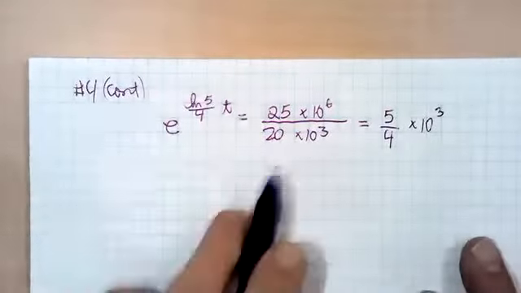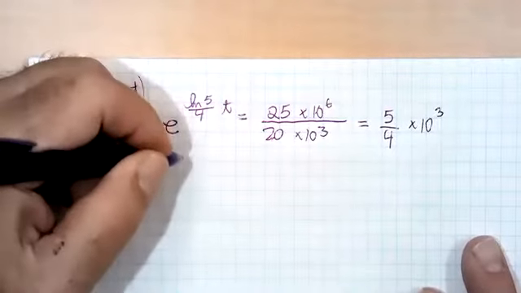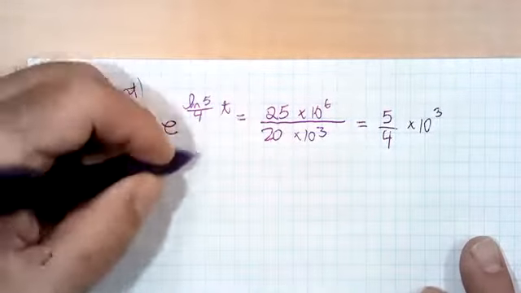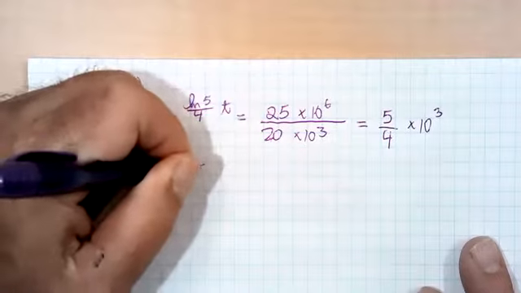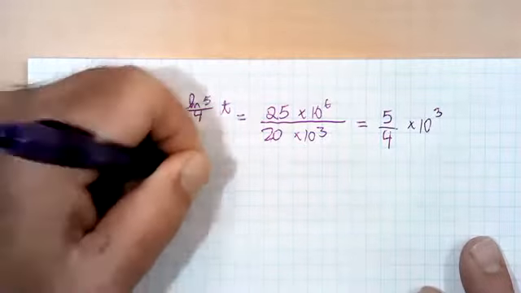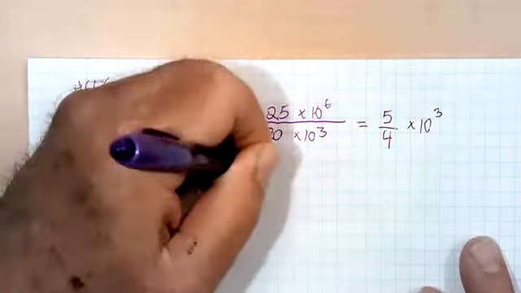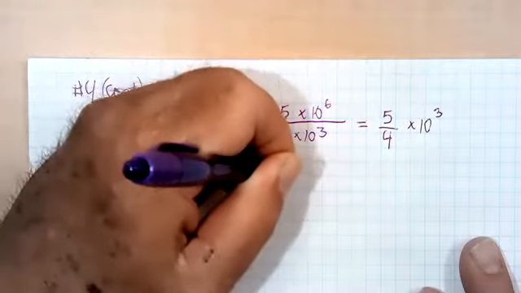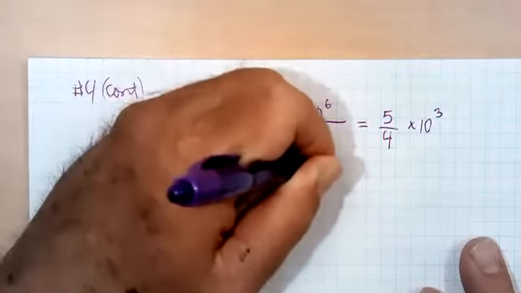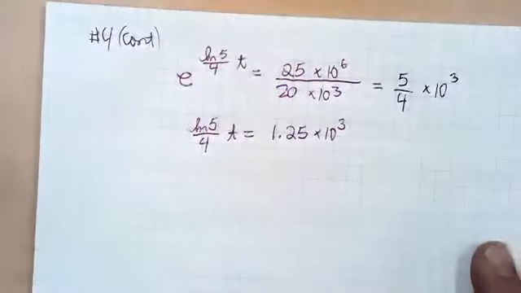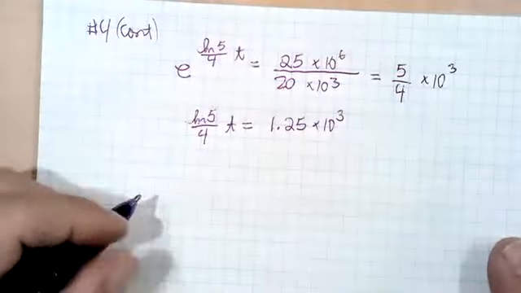There's lots of forms we could write this in, but that'll work. So I've got (log 5 / 4) t equals 1.25 times 10^3, multiplying through by 4 and dividing through by log 5.